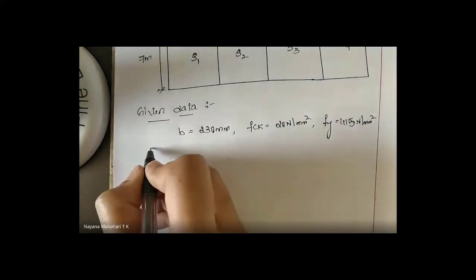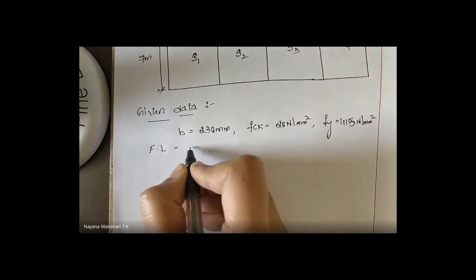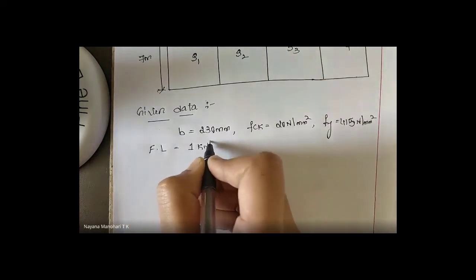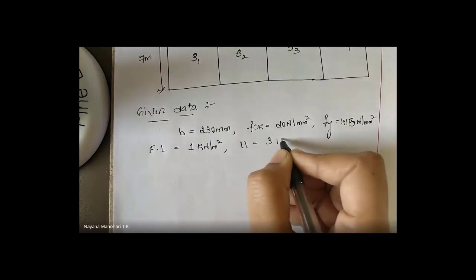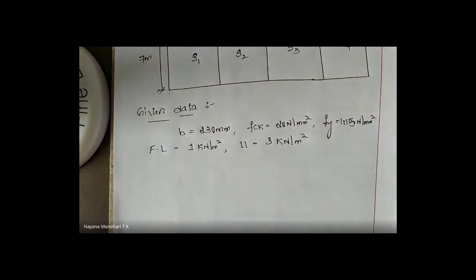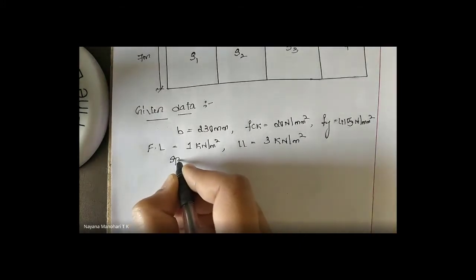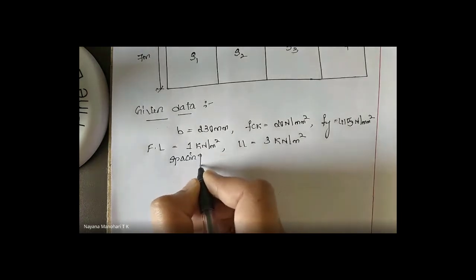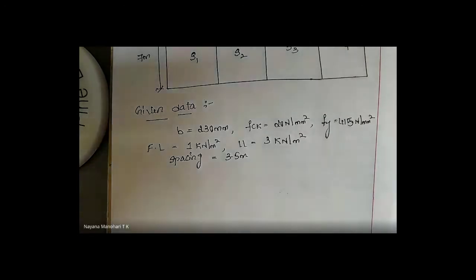The finishing load, I will denote it as FL, is 1 kilonewton per meter square, and the live load they have given is 3 kilonewton per meter square. The live load is also called the superimposed load. And the spacing they have given as 3.5 meter, which is supported on beams. These are all the given data.